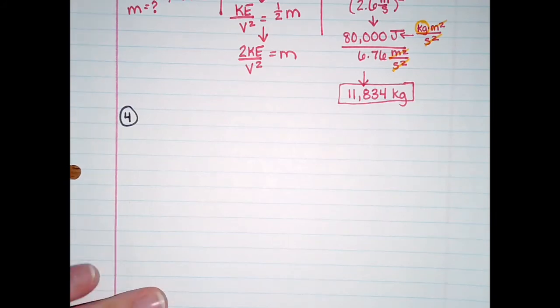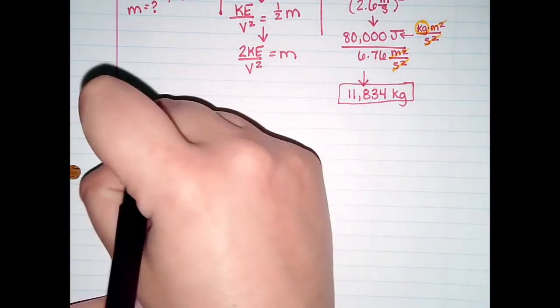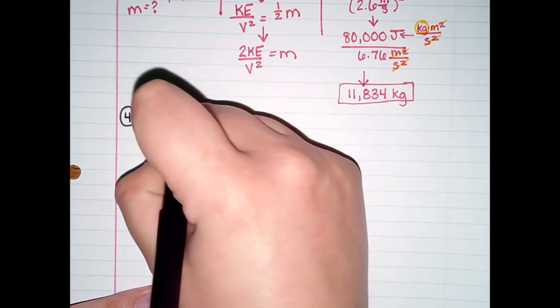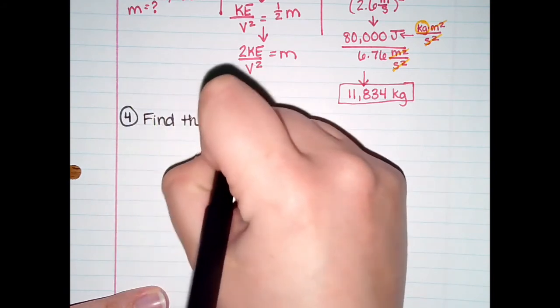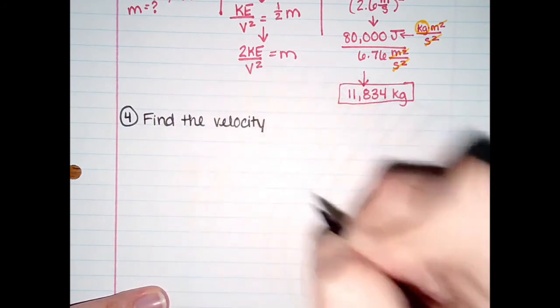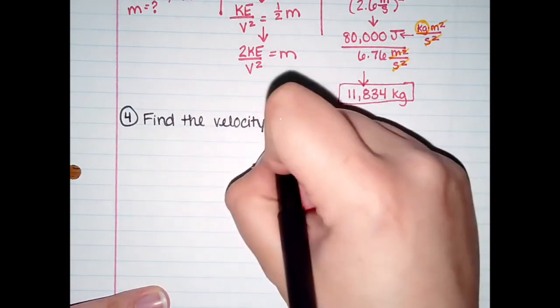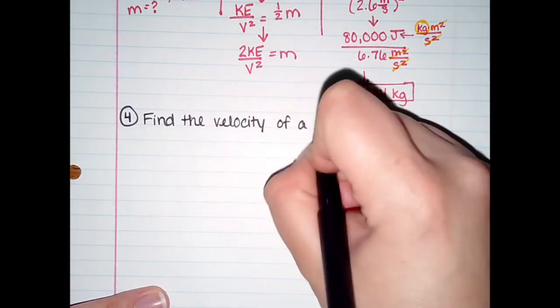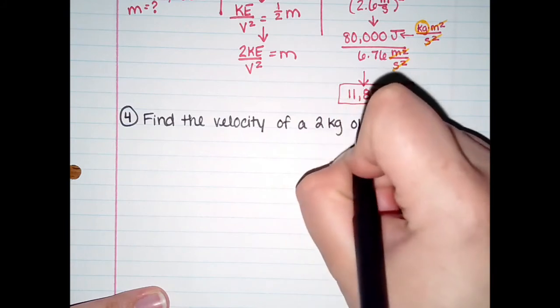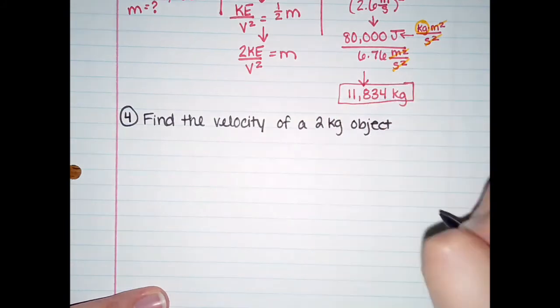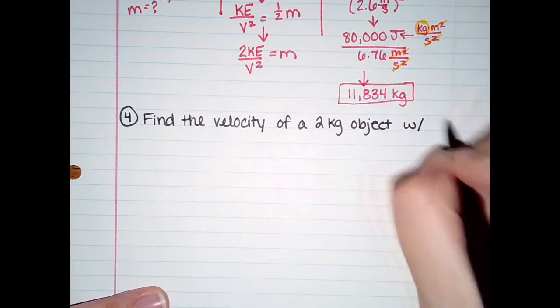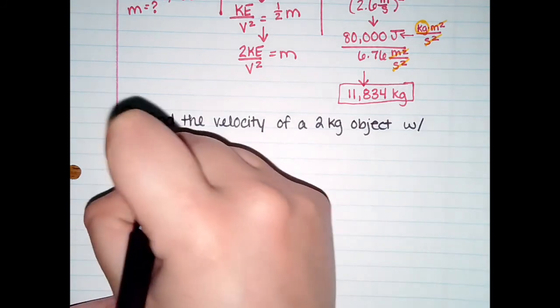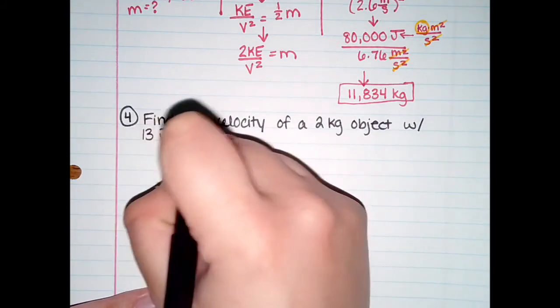So here's number 4. Find the velocity of a 2 kilogram object with 13 joules of kinetic energy.